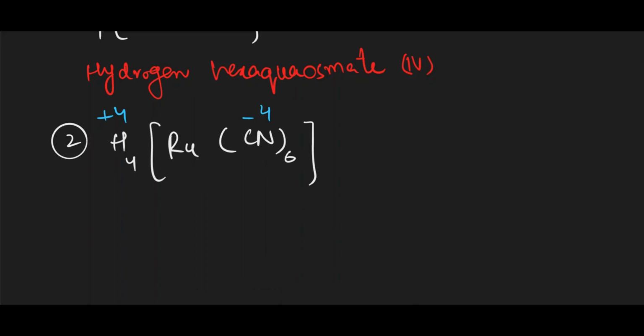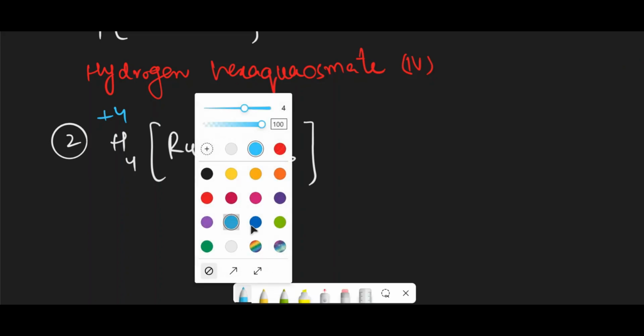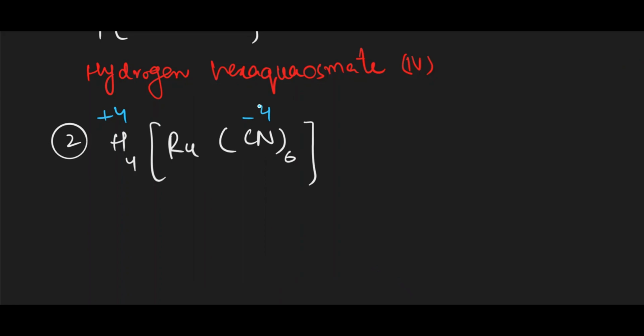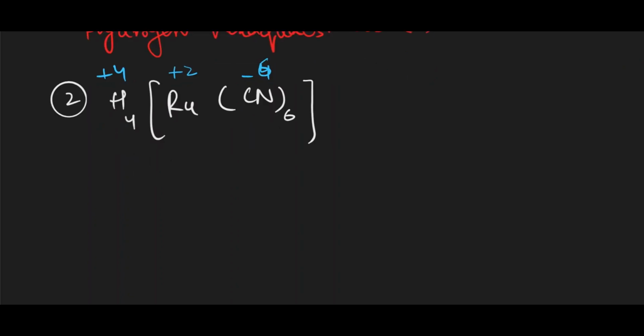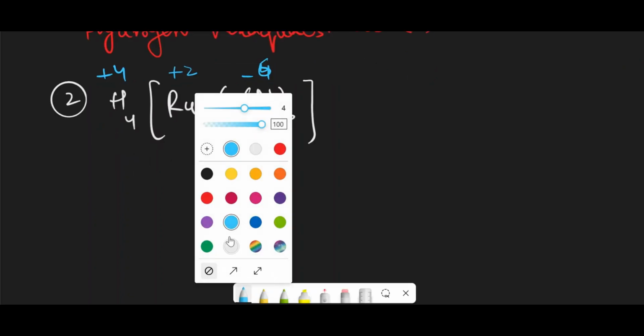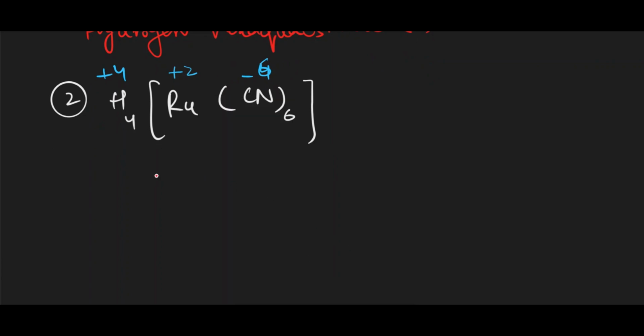So the overall charge becomes -6, and to neutralize the complex we have to give +2 charge to the central metal atom, so it becomes overall neutral.